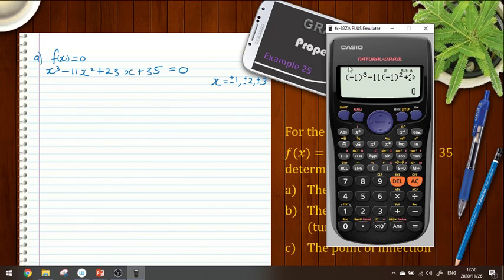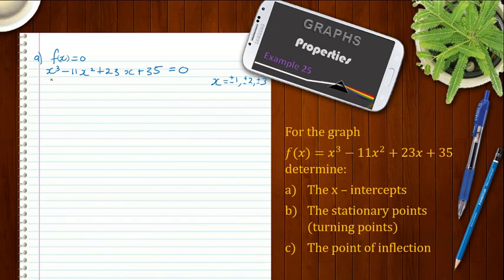See, when I substituted in negative 1, I got 0. So you substitute in plus 1 first. If it's not equal to 0, you substitute in minus 1. If it's not equal to 0, you substitute in plus 2, and so on, until you get the factor. Alright, so now, if x equals minus 1 is a root, that means that x plus 1 is a factor.